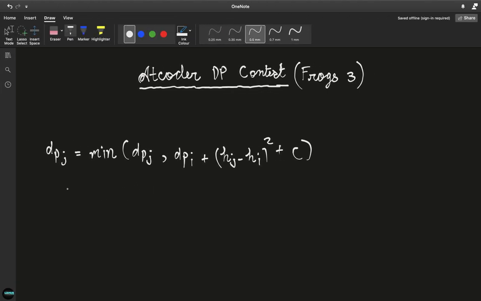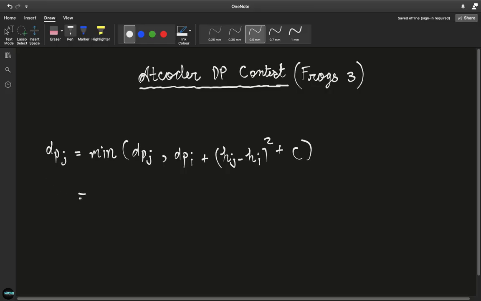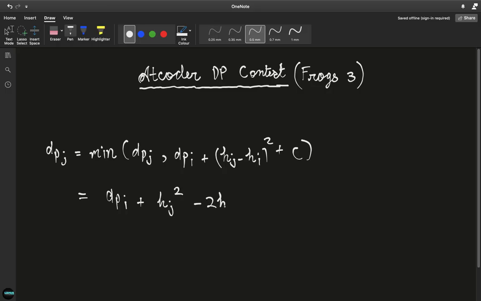So now let's rewrite this recurrence. So dp[i] plus, let's open this up. It becomes h[j]^2 minus 2 h[j] times h[i] plus h[i]^2 plus c. And let's move the terms around a bit.